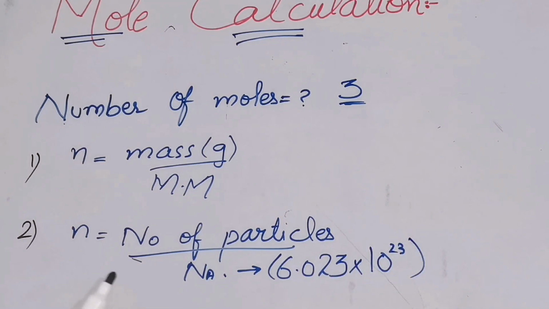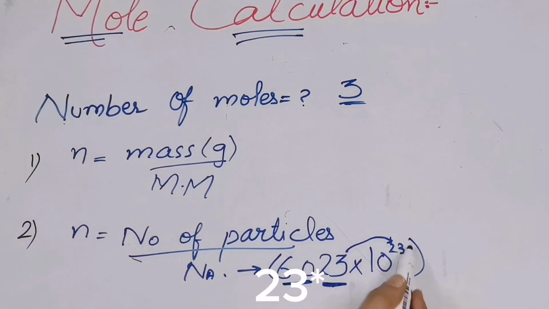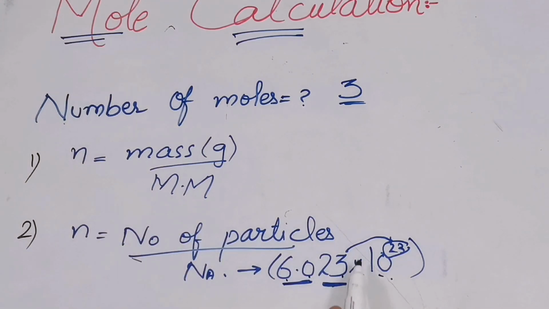How can you learn this? Learn only 6.0, and 2.3 over here. This 2.3 is also at the top, on the power of 10. So you have to learn 6.023 multiplied by 10 raised to power, with the same last two digits on the power of 10. In this way you can learn the Avogadro number.